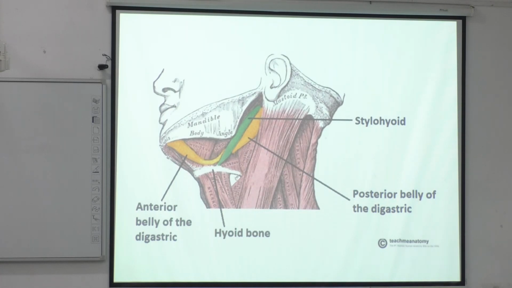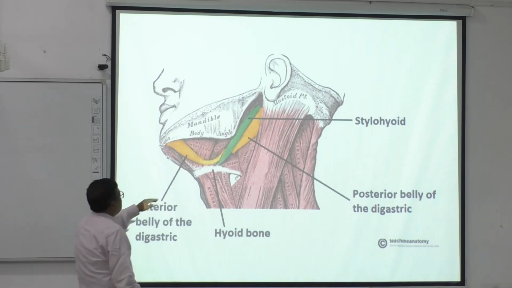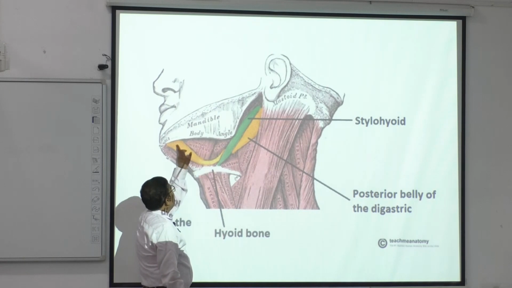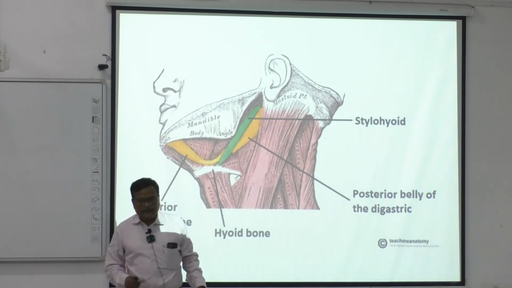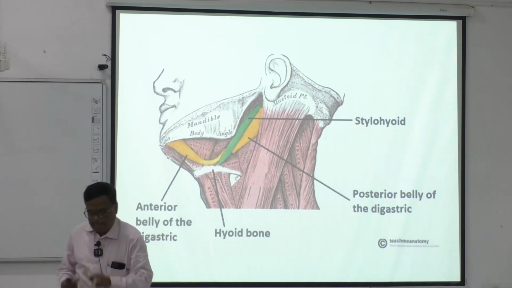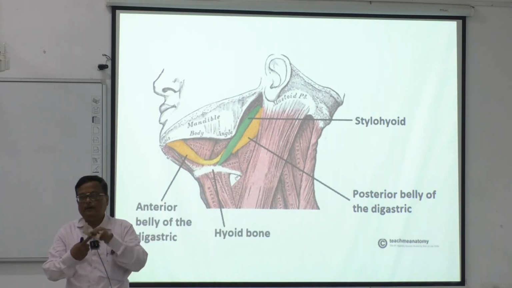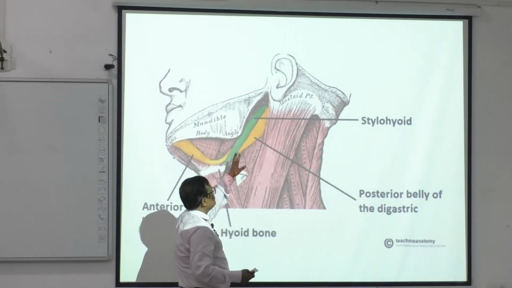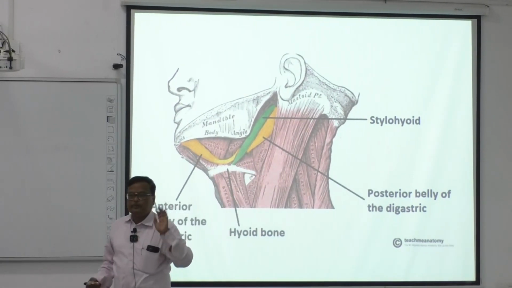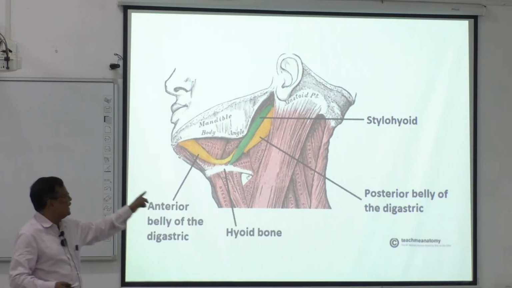This middle part we call the intermediate tendon, and this fibrous pulley is attached to the hyoid bone so that it remains fixed. The anterior belly has a digastric fossa, taking origin from there, and the posterior belly takes origin from the mastoid process of the temporal bone. You will read about the inner side later. So it is the digastric muscle.